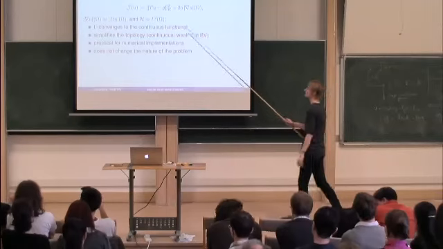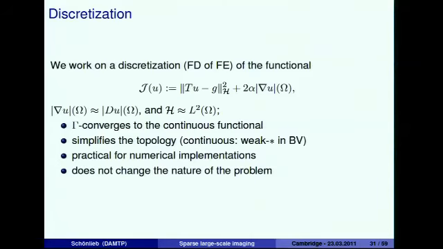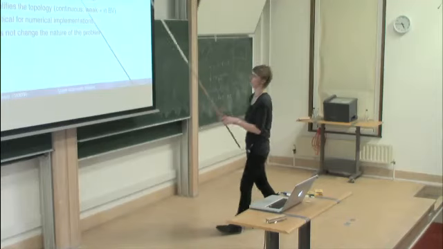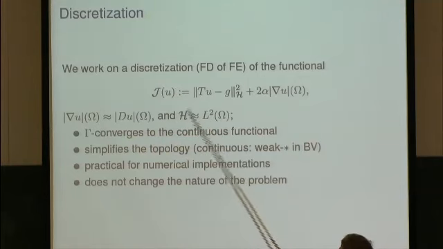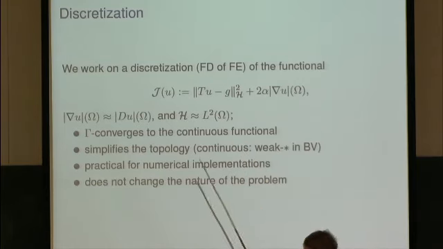Since we weren't quite satisfied with what we could theoretically prove, we are going to simplify our situation such that we can prove more. So that's the usual thing, right? The first thing that we do is we look at the finite dimensional case, we discretize our functional, and we justify this by saying, okay, first of all, in practice, we anyway only deal with discrete versions of the functional.